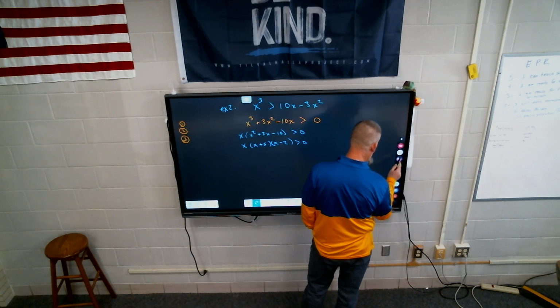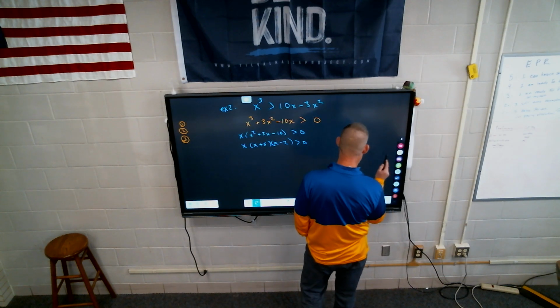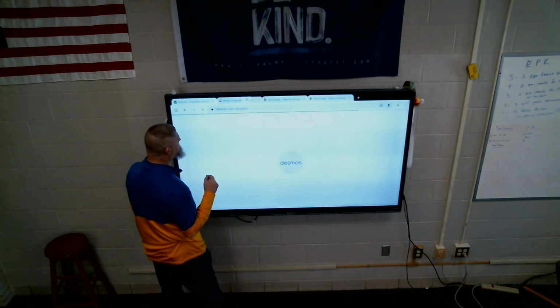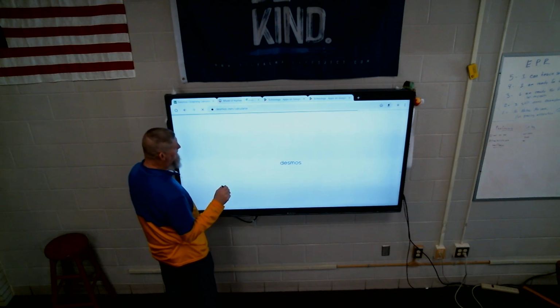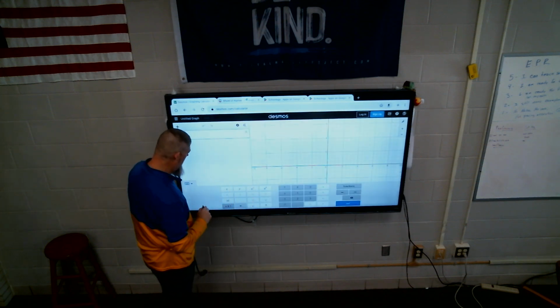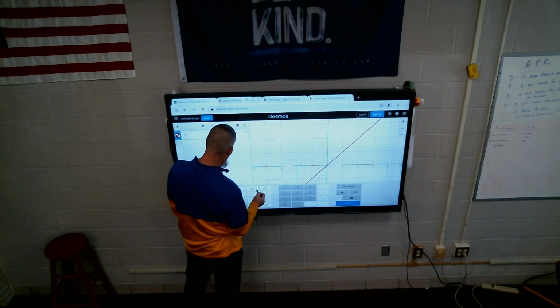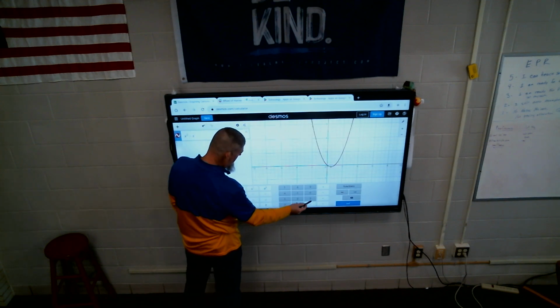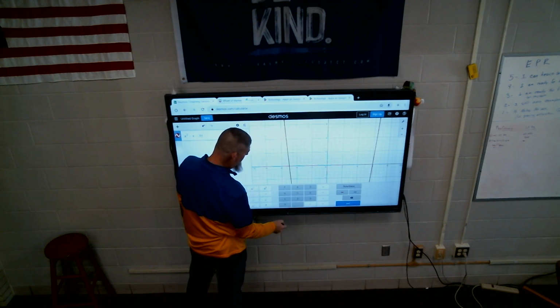Let's go and see if I can, let me see here. Is it up here? Boom, okay. So what you've just proven, and we could always do it on a graph, but we want to prove it algebraically. So what was the function? X squared minus x minus 30, right? And then greater than 0.